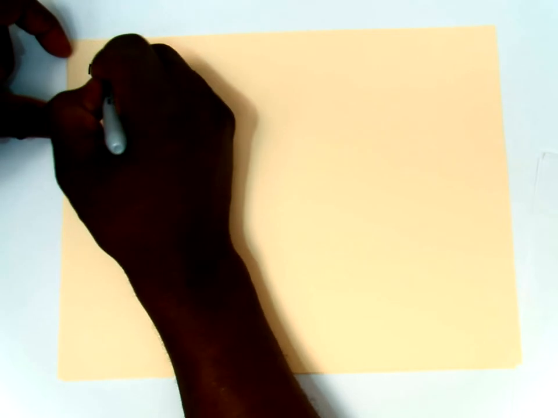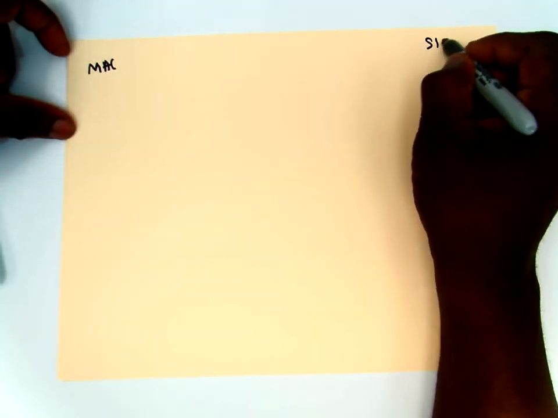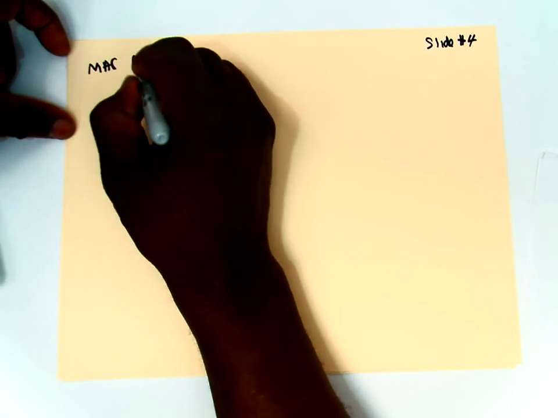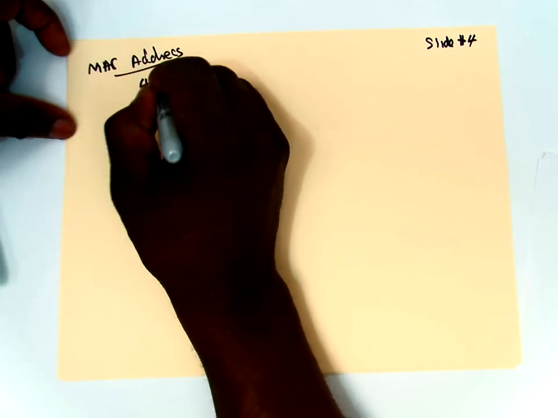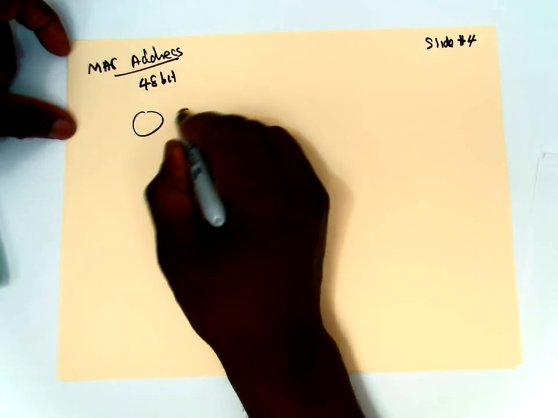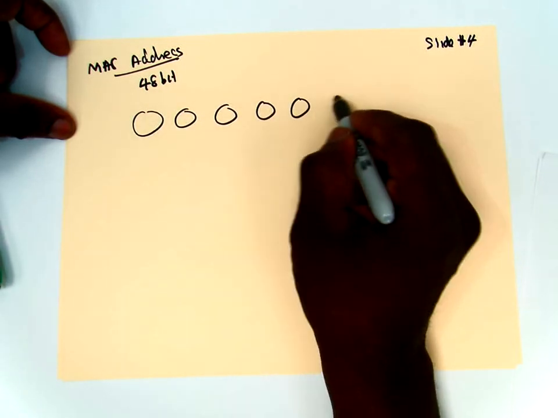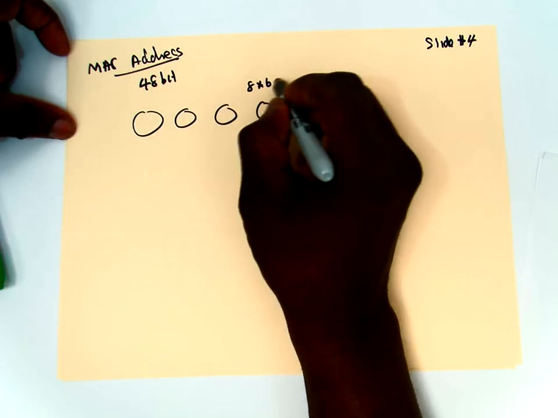So the MAC address now, this is slide number 4. MAC address is 48 bits. So it's like in so many groups: 1, 2, 3, 4, 5, 6. They are all 8 bits each. 8 times 6, 48.